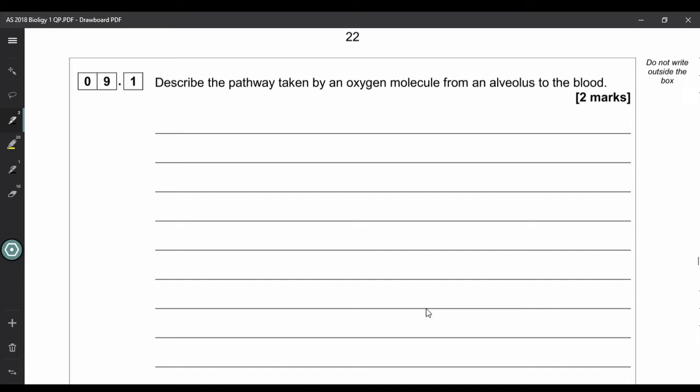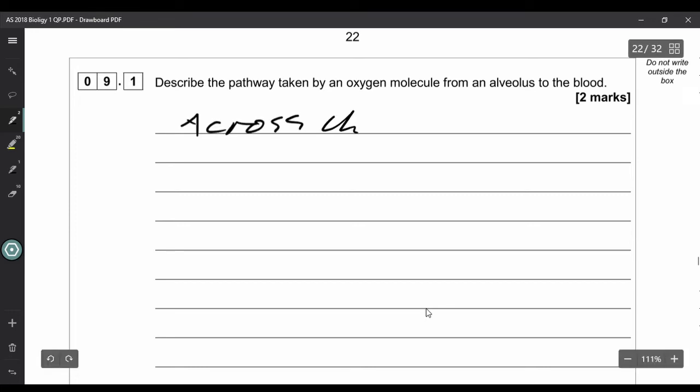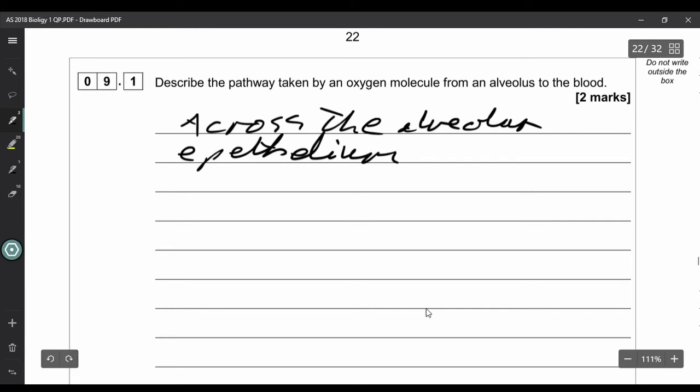So the pathway is just that the oxygen passes across the alveolar epithelium and then the epithelium of the capillary.